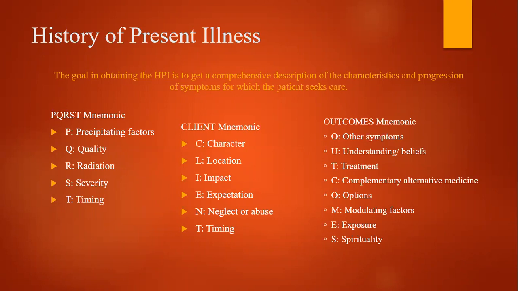Visceral pain is usually cramping or distension, and neuropathic pain is burning, tingling, numbness, and radiating. These are very common characters of pain.